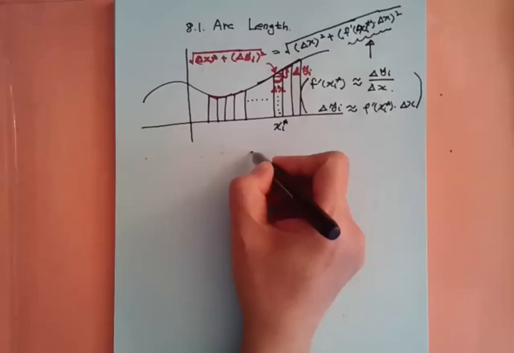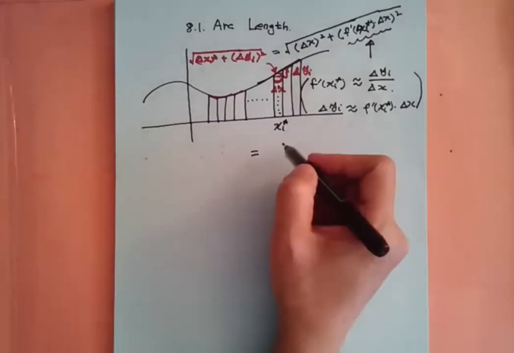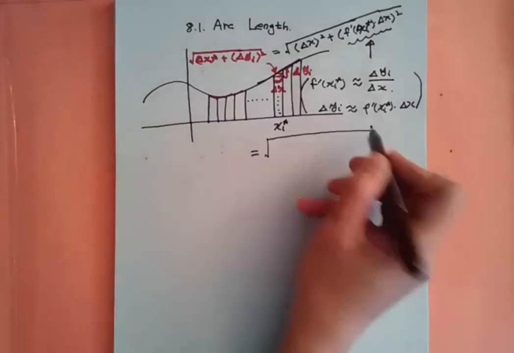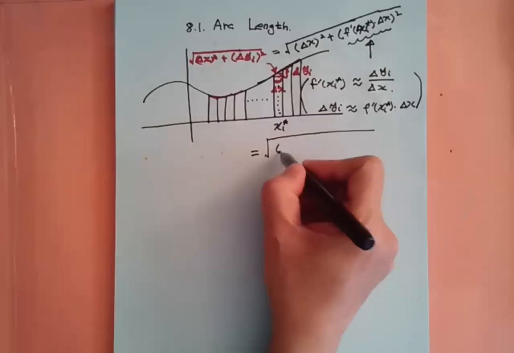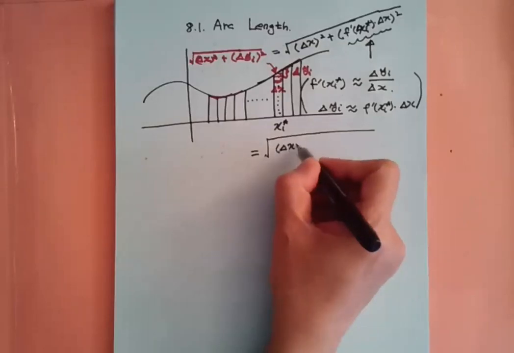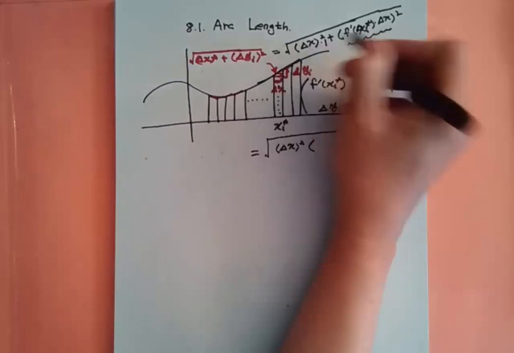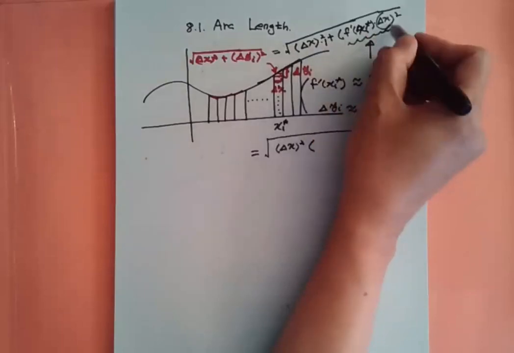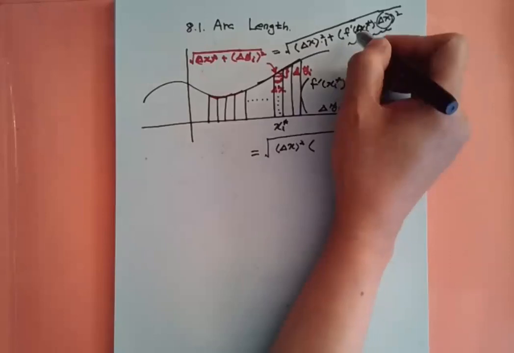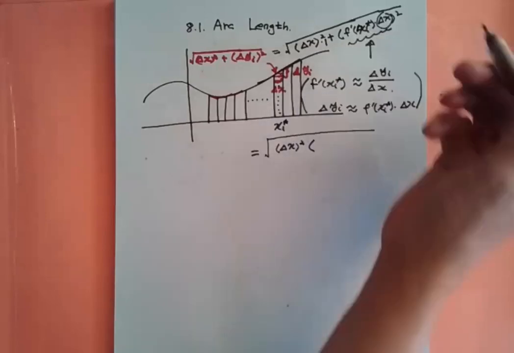Delta x is a common component, so we take that out. Then we have delta x squared times 1, so we are taking this out: 1 plus f prime xi star squared.